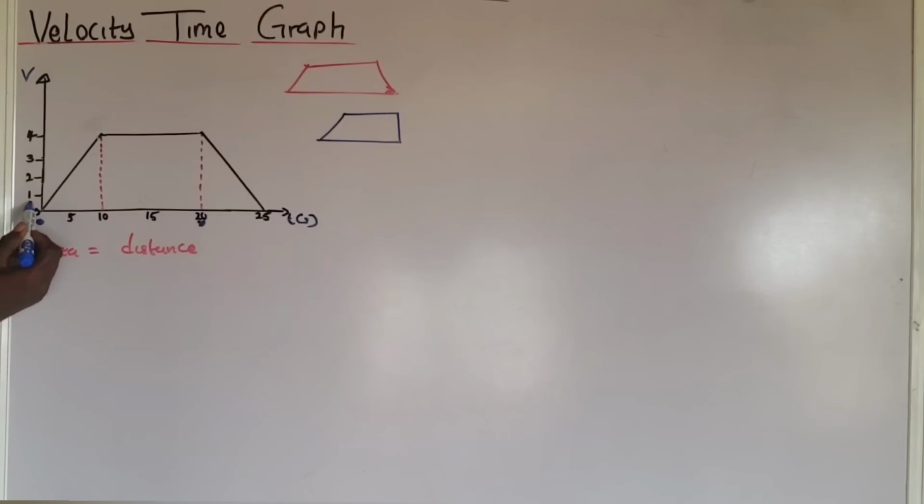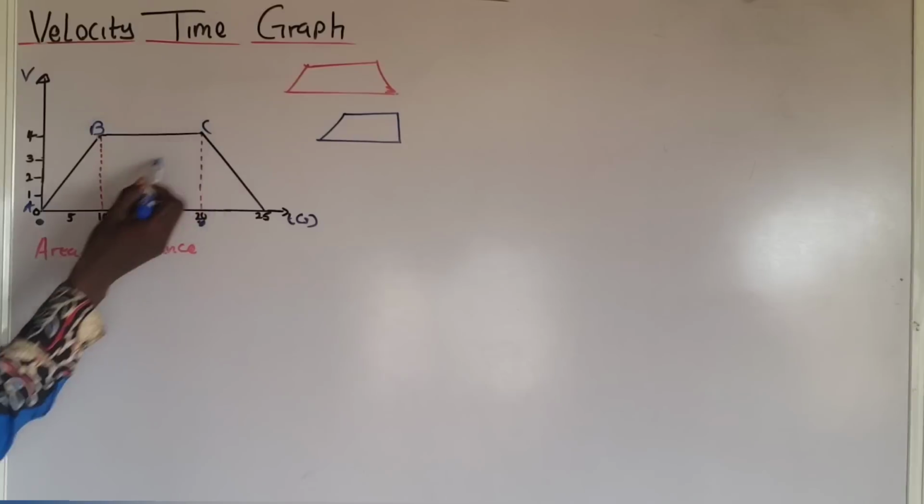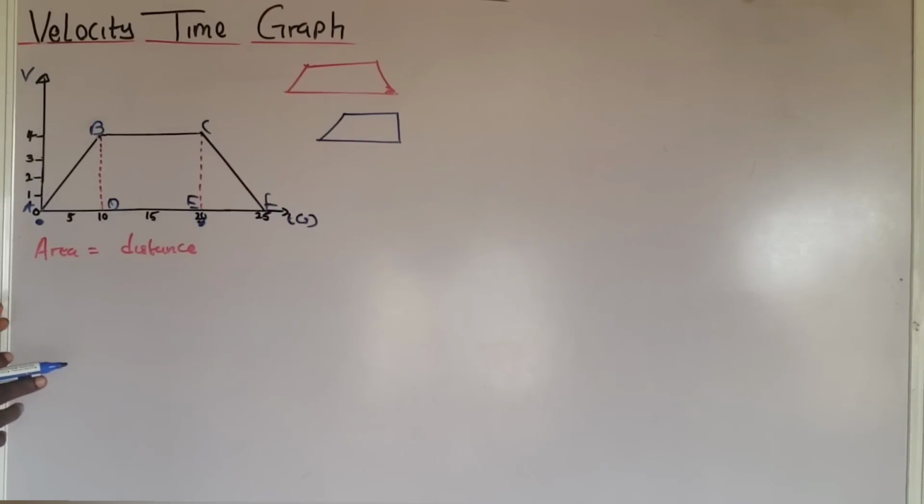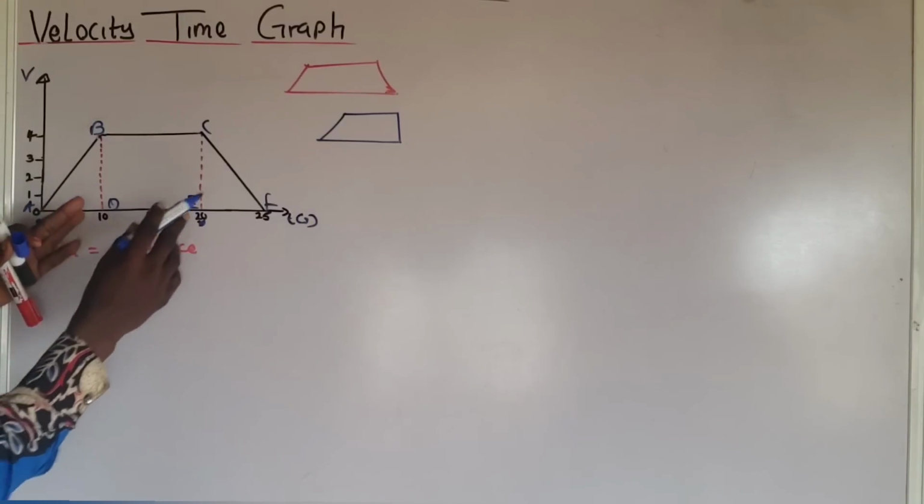Let me call these points A, B, C, D, E, and let us call this F. Normally, the total shape is a trapezium.